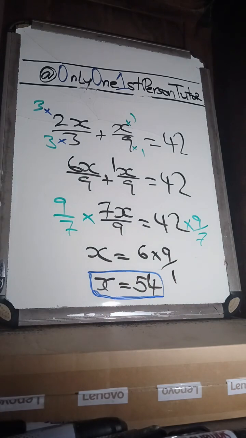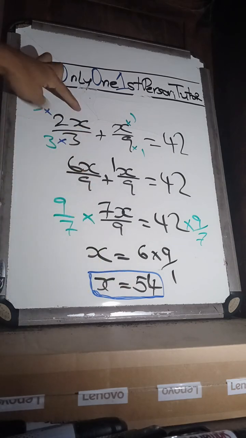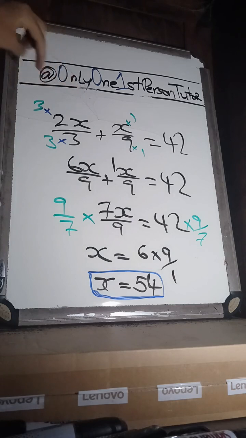Okay, so let's see what happens when I put that up here. 54 over 3. 2 times 3 times 3 times 3, one of the threes goes. 2 times 3 times 3 is 18. So that means we have 18 times 2, 36. We have 36 on this side here.